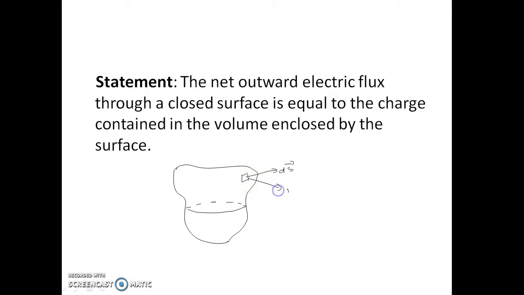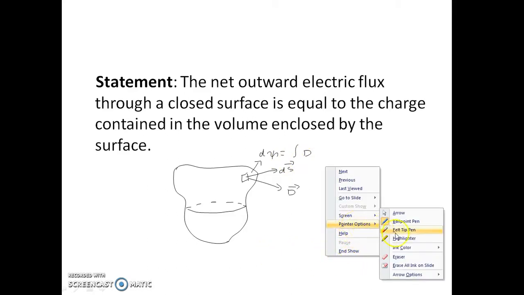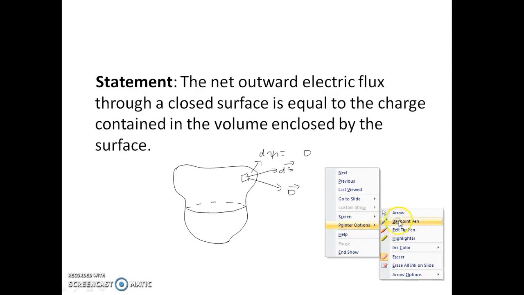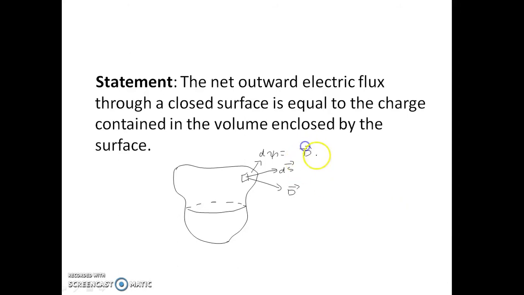Let's say at this point the flux density is given by D. So the flux that is emerging from this differential surface is given by the dot product of D and dS.